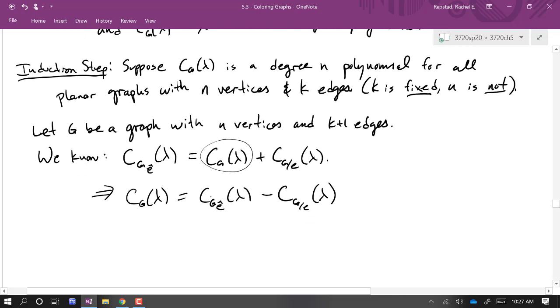Now, what do we know about G sub E hat? G sub E hat has the same number of vertices as G, right? But we've just removed an edge. If G is a graph with k plus 1 edges, that means G sub E hat has n vertices, the same number of vertices, but one fewer edge. So this has n vertices and k edges. And by our induction hypothesis, this is an nth degree polynomial.